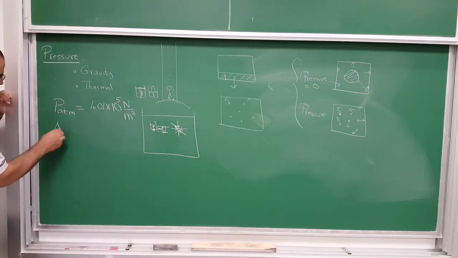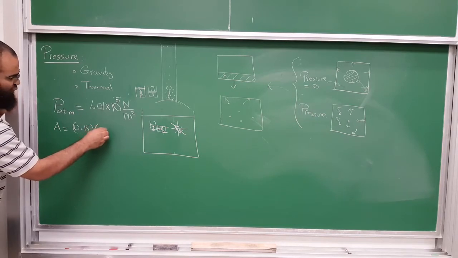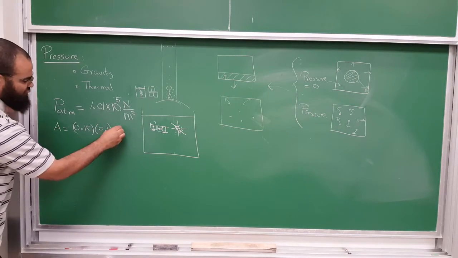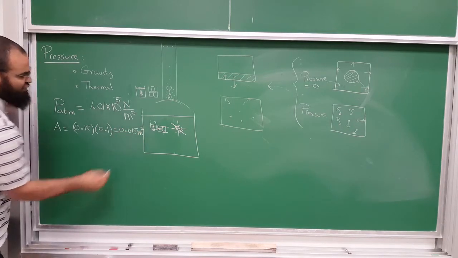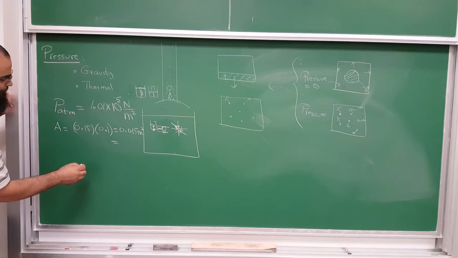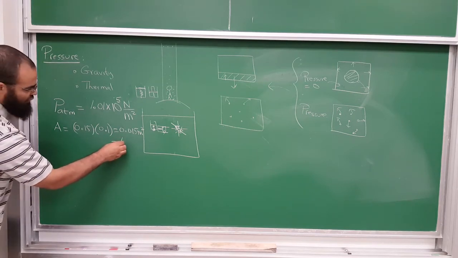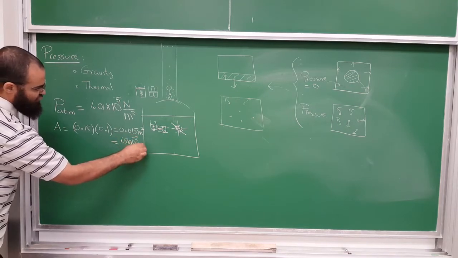So the area is 0.15 meters by 0.1 meters, and this is 0.015 square meters, that's 1.5 times 10 to the minus 2 square meters.